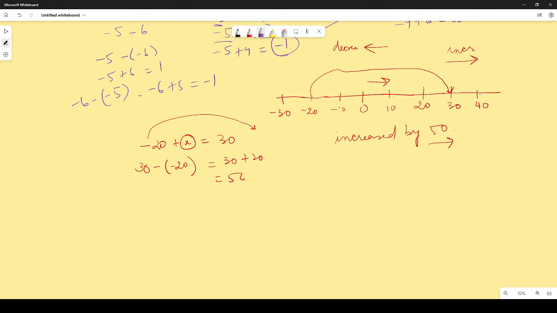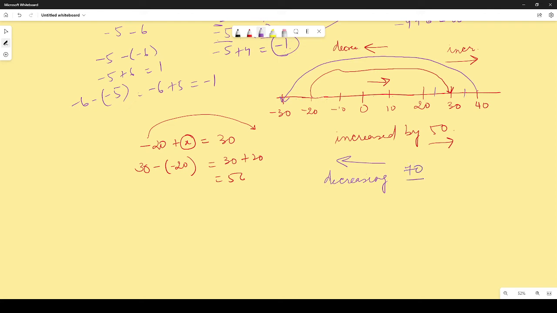Now we are moving from 40 to minus 30. Which side are we moving? We are moving to the left side. So that means the number is decreasing, right? So the number has decreased by how much? 10, 20, 30, 40, 50, 60, 70. It has decreased by 70.